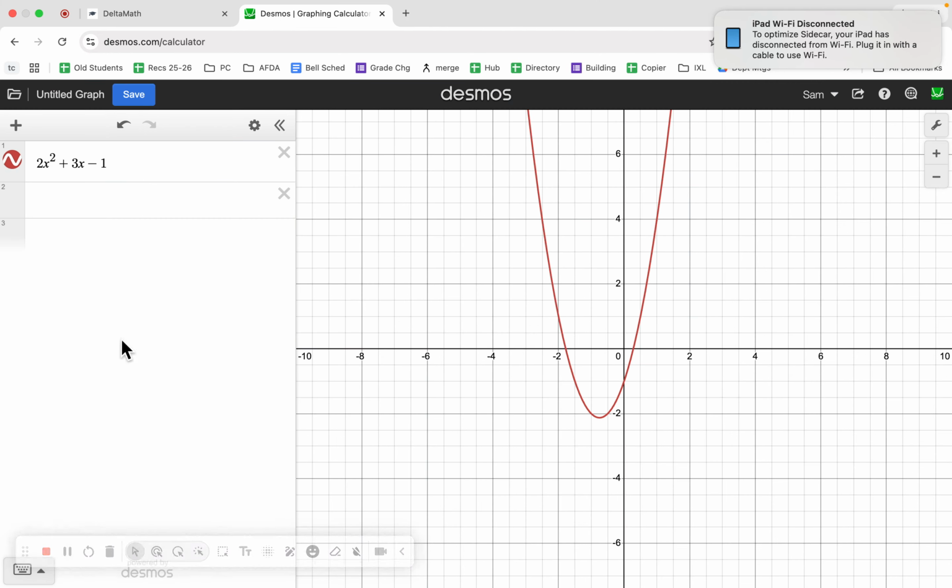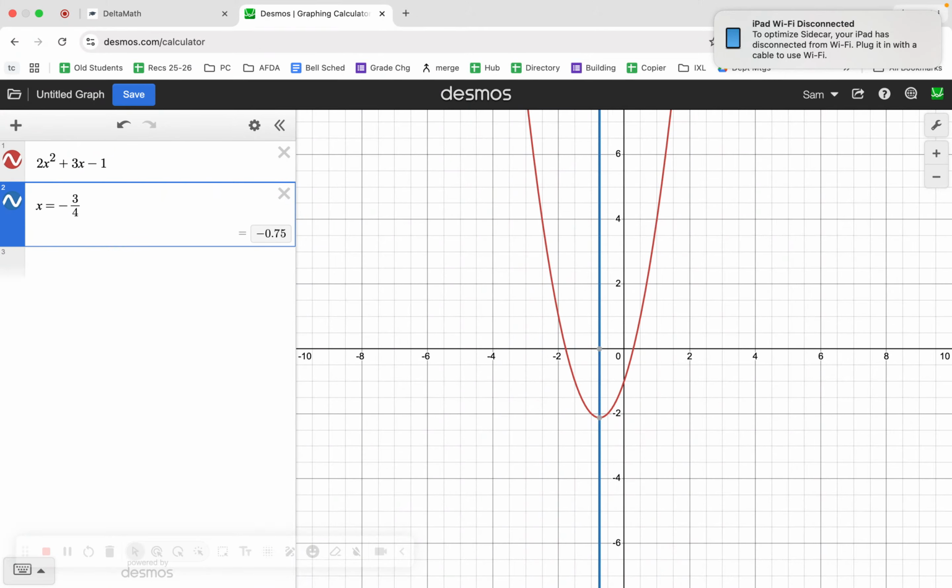Okay? By the way, let's look at negative b over 2a and make sure it splits down the middle. Our b is 3, so negative b is negative 3 over 2 times a, and a is 2, so it's really 4, right? If I make an axis of symmetry by saying x equals, look at that line. It's perfect.